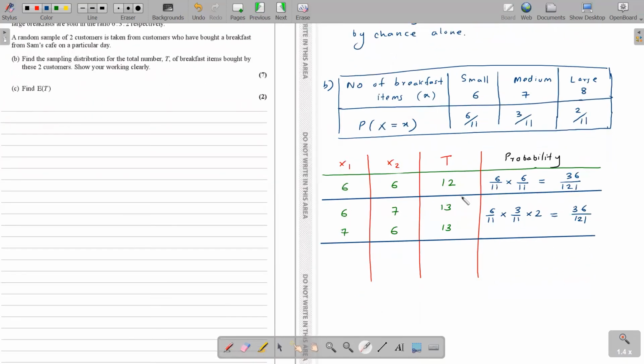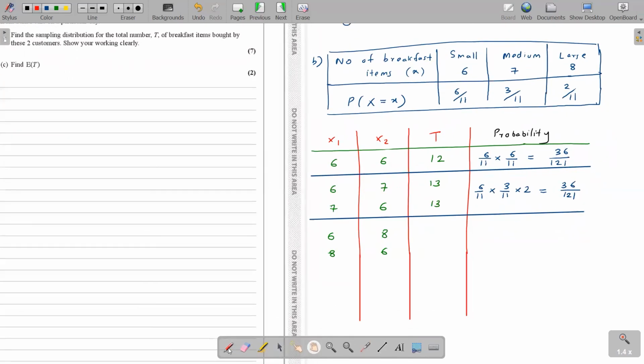6 and 8. Yeah, so 6 and 8 definitely goes together with 8 and 6. Do you agree with me? Get me the answers.